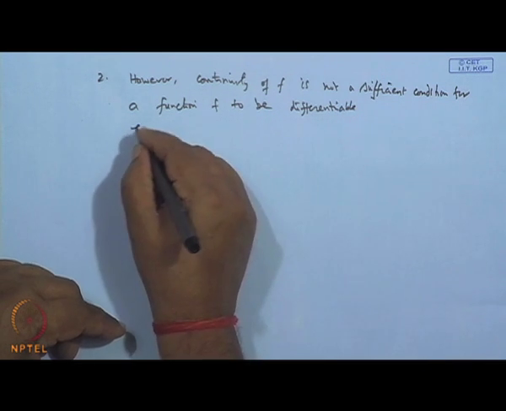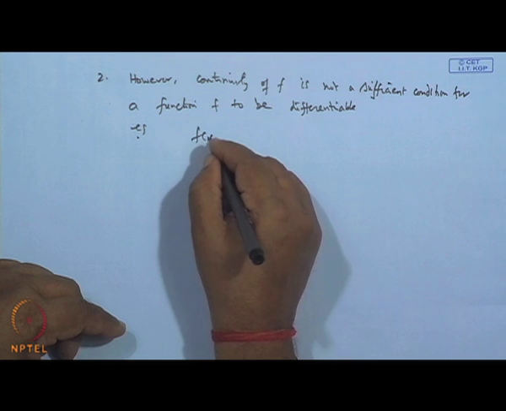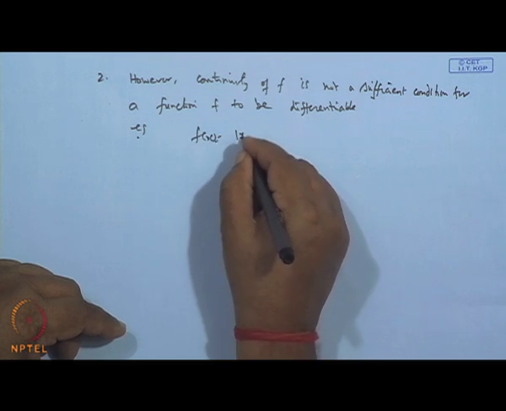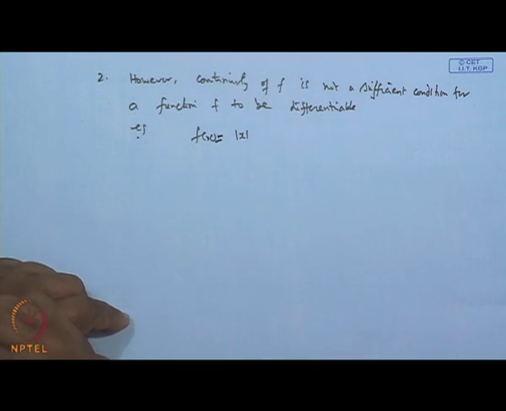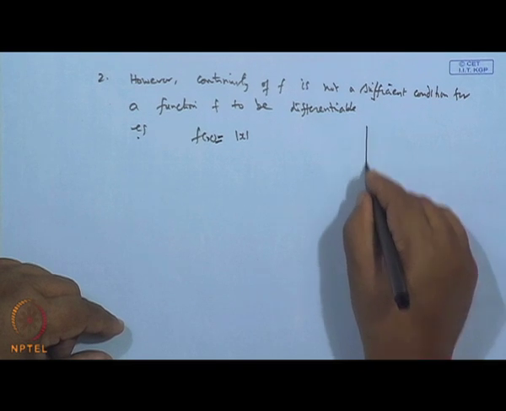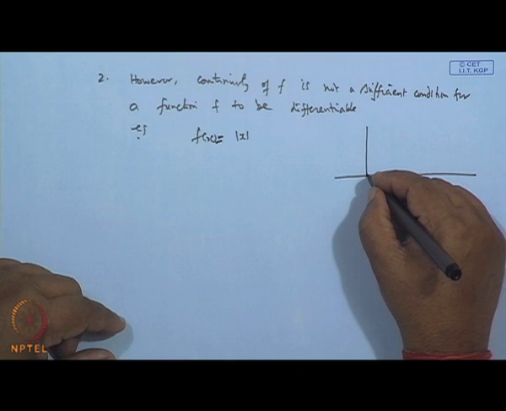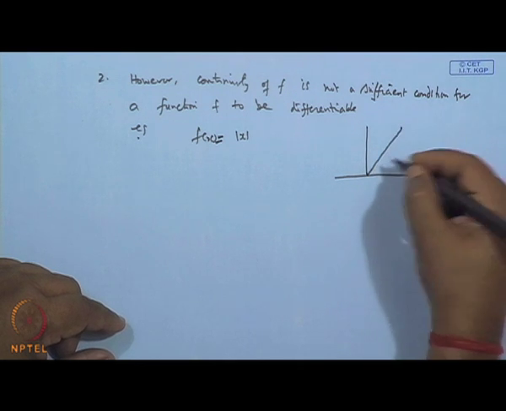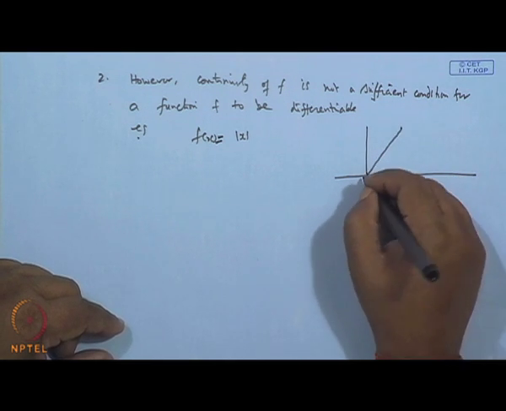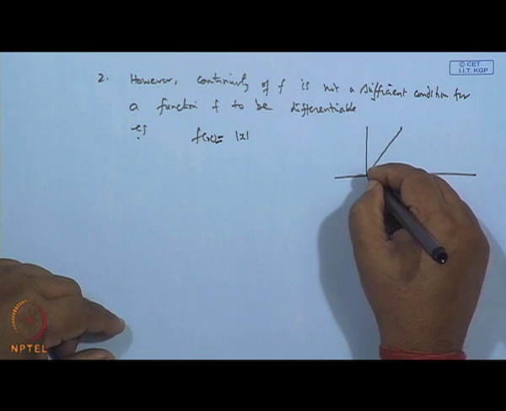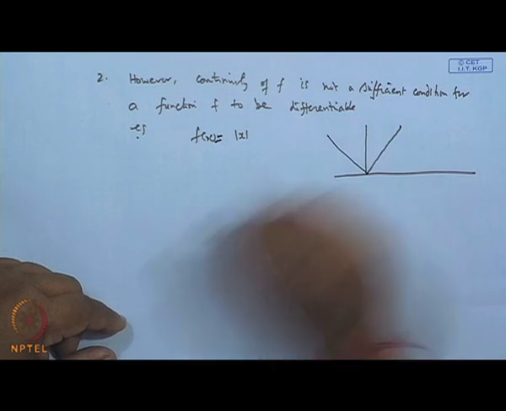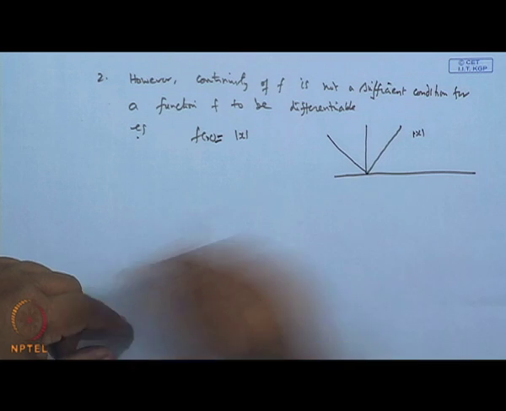For example, if we look at the function f x equal to mod x, the curve of this function is like this: at x equal to 0, it is 0. When x is positive, y equal to x. When x is negative, y equal to minus x. So, this is the graph for mod x.